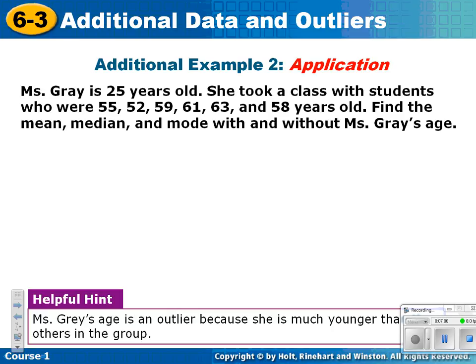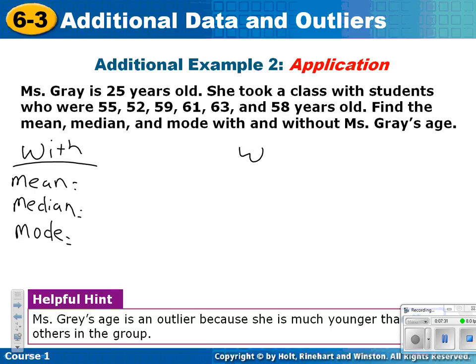While you two with calculators are figuring out the mean, we're going to do this: with, the mean, the median, and the mode, and then without, the mean, the median, and the mode.